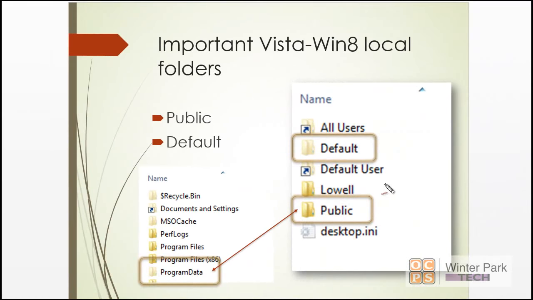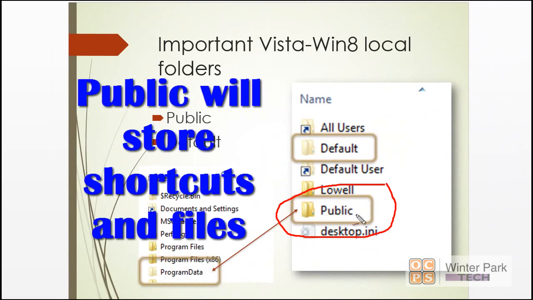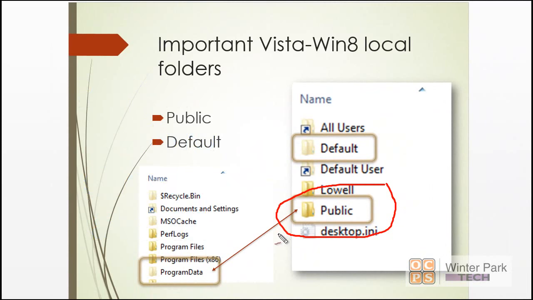Public is a very complex concept. First of all, in the public folder, we're going to put shortcuts that are going to be shared by everyone who logs on. At the same time, in the C root directory is going to be a very special hidden folder called program data.